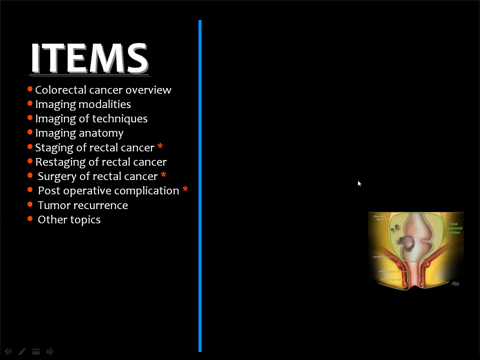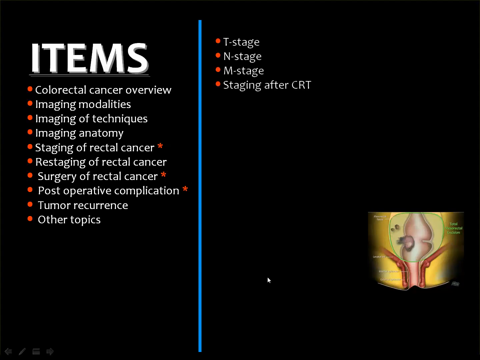Now in the first part of the rectal pathology, I would like to give an overview about colorectal cancer. Then we'll show the imaging modalities and the imaging techniques, and also we'll explain the imaging anatomy, which is very important.